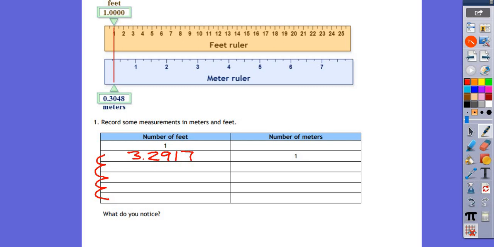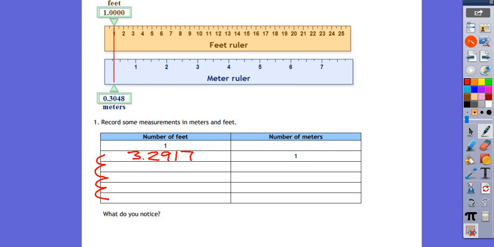Proportional. It's proportional. Because what makes it proportional? It all reduces down to that lowest number. I agree. What else makes it proportional, Chance? They're all adding by the same exact number, because that top number, you add it twice and that gives you 6.5834, and you add that number to the 6.5834, and then you get the 9.8751. Yep. So they're proportional. Very good.